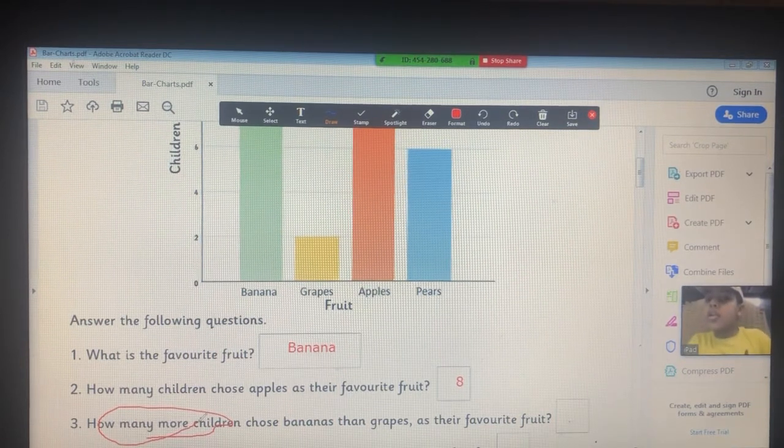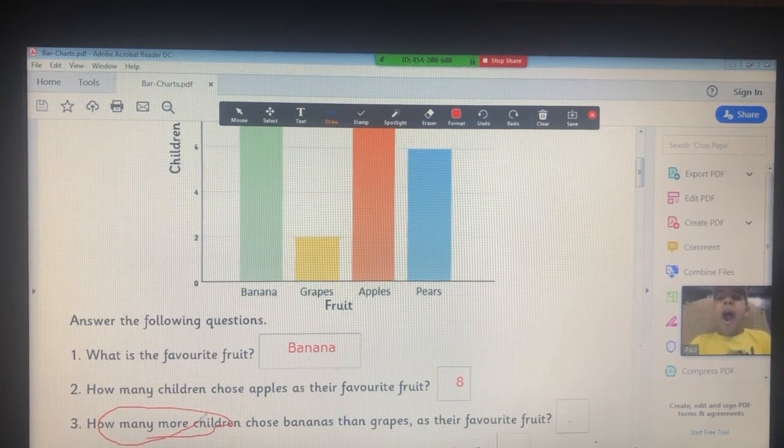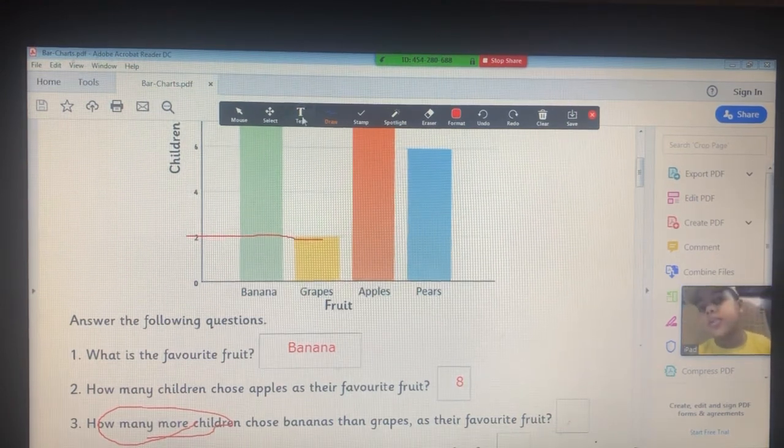How many more children chose banana than grapes? That means banana is already the highest number. And grapes here is what? What is the number for grapes? 2. So I need here to make a subtraction sentence.